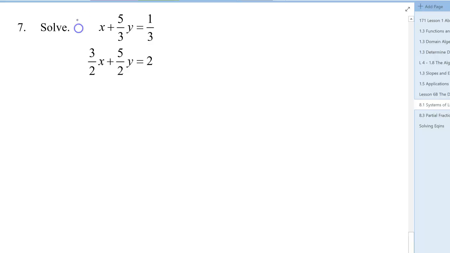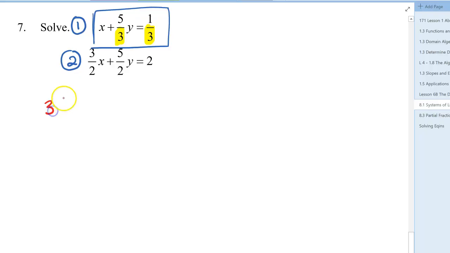If I call this equation 1 and this equation 2, if I look at equation 1 and I look at just the denominators, the fractions all have a denominator of 3. So watch what happens if I multiply this equation by 3.